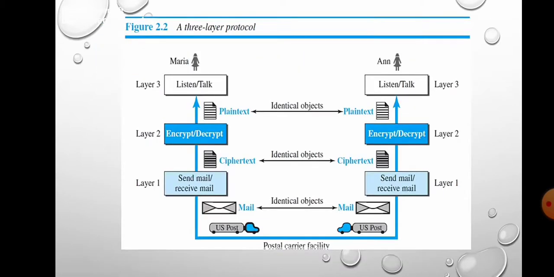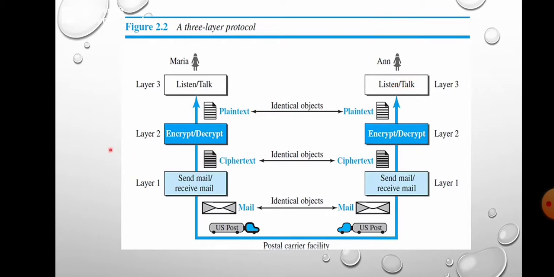A three-layer protocol. Initially, we can assume that Maria sends the first letter to Anne, and Maria can talk to the machine located at layer 3. Similarly, Anne can listen to the machine located at layer 3.